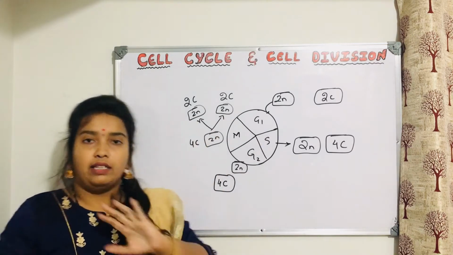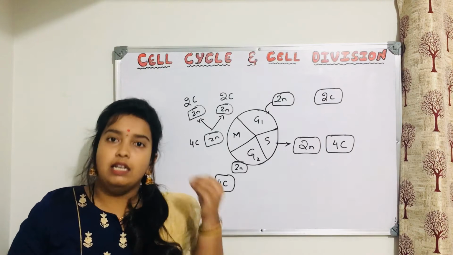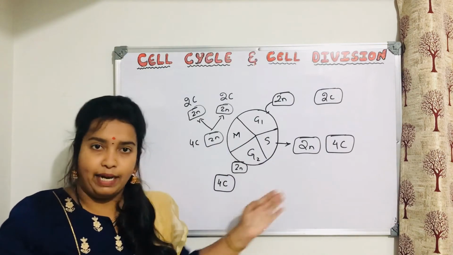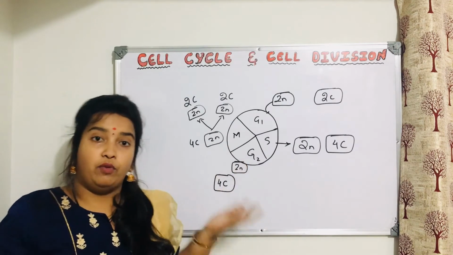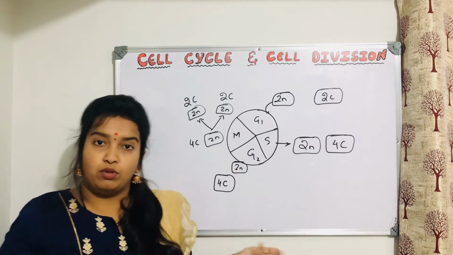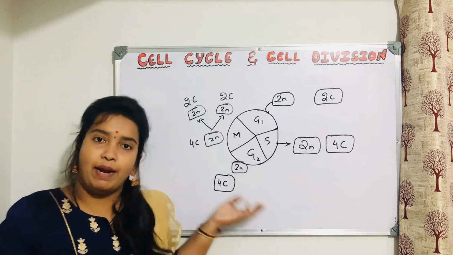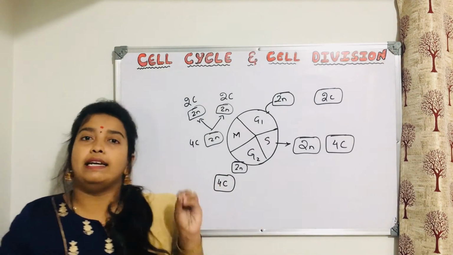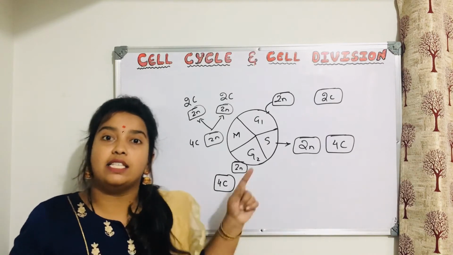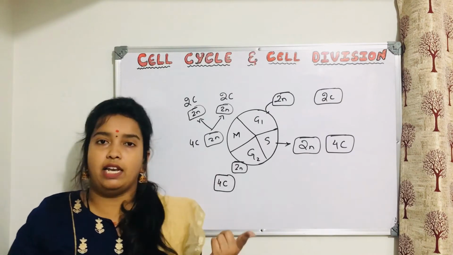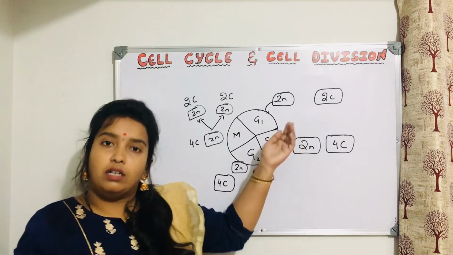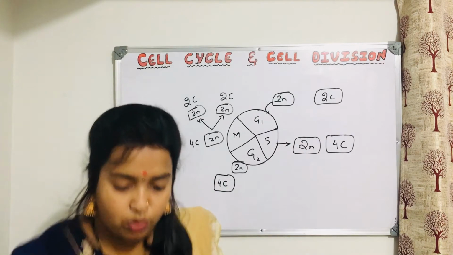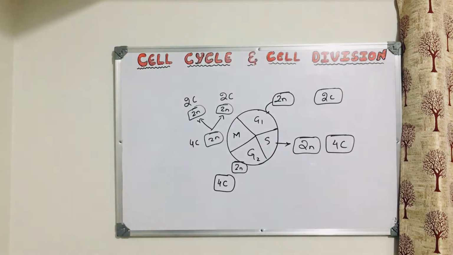Completely undergoing the cell cycle, the onion cell will have 16 only, because it is mitosis. If it was meiosis, then reduction of chromosomes would have happened, but it is not meiosis, it is mitosis. So chromosome number will not increase nor decrease. What increases in S phase is the amount of DNA, and it is always from 2C to 4C. Clear? I hope I have made this also clear. Okay, you can take down this much.